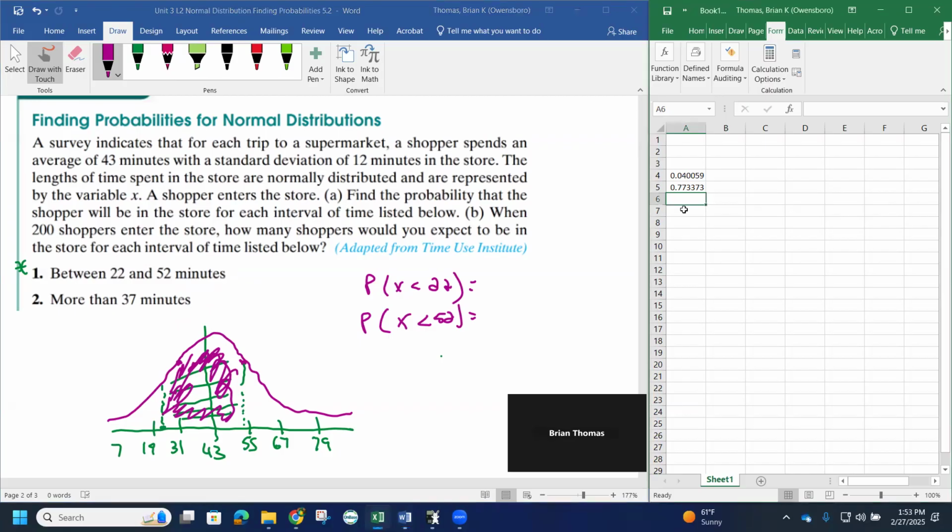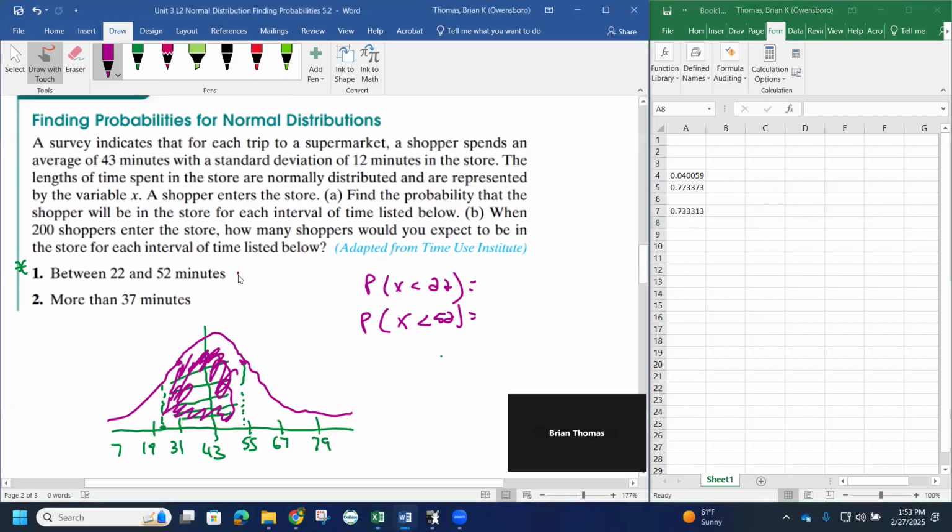So down here I can put equals, and I want A5 minus A4. That should give me the probability of being between 22 and 52 minutes.